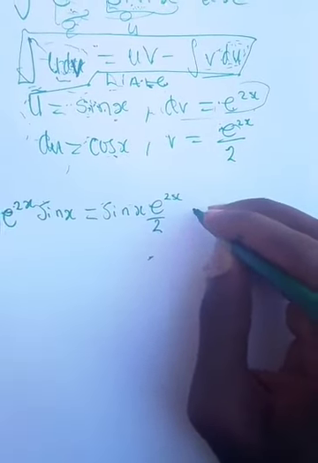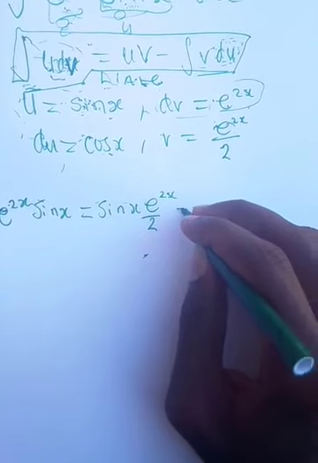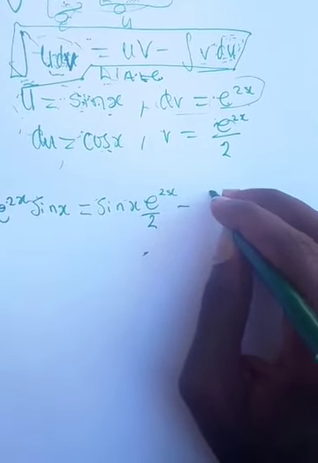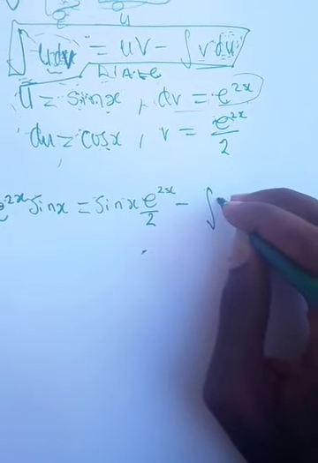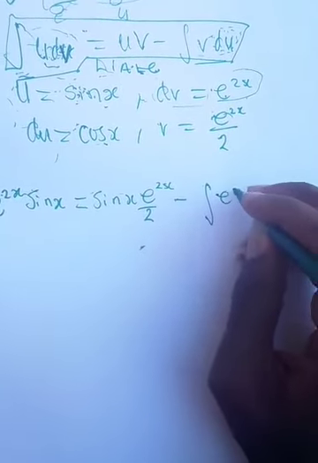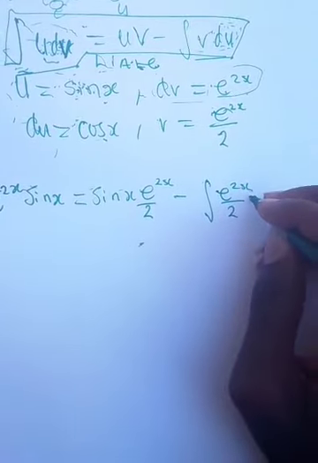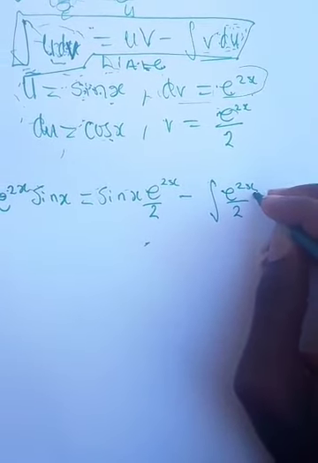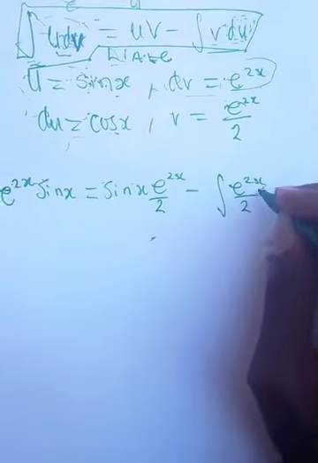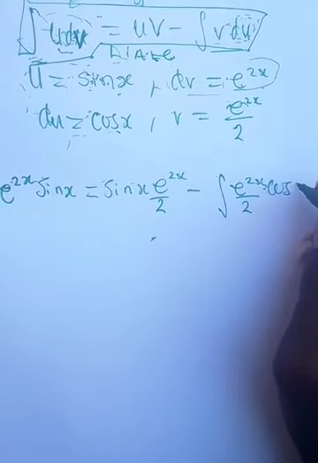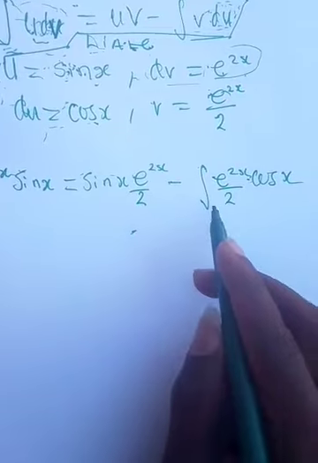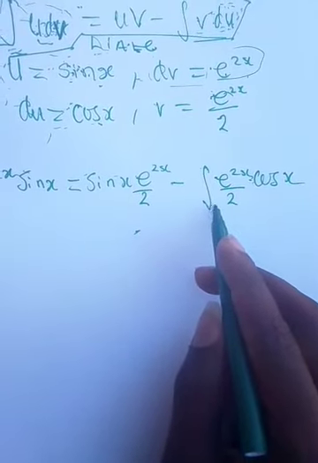Yeah, and then say our v again. Our v is this one, e to x over 2, and then our du is this one here, so it's going to be cos x, right? Now let's try to simplify this one here. We can simplify this one by taking out the over 2, right?